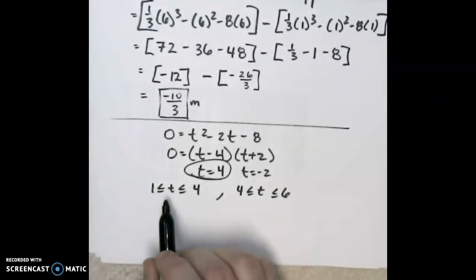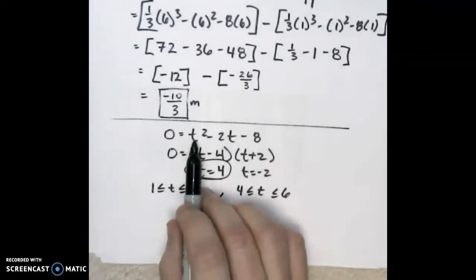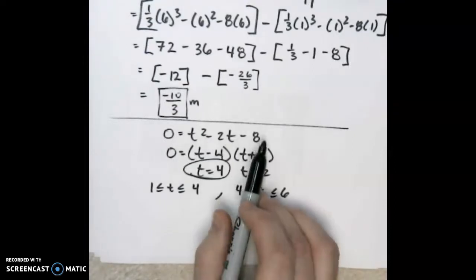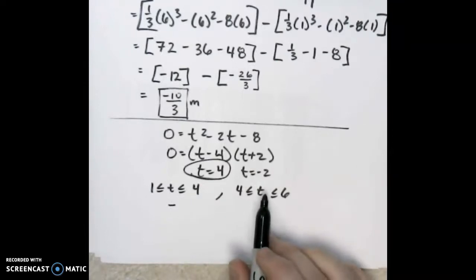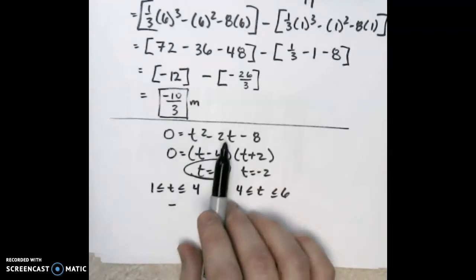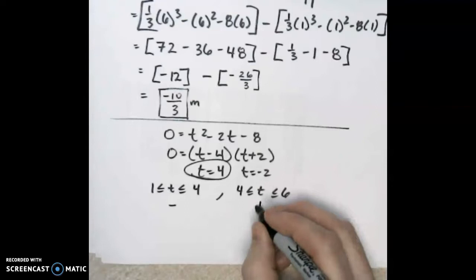So if you plug in 2 seconds, which is between 1 and 4, you're going to get 4 minus 4, which is 0 minus 8, so this is the negative section. Over here, if you plug in 5, which is between 4 and 6, you're going to get 25 minus 10 minus 8, which is going to be your positive section.